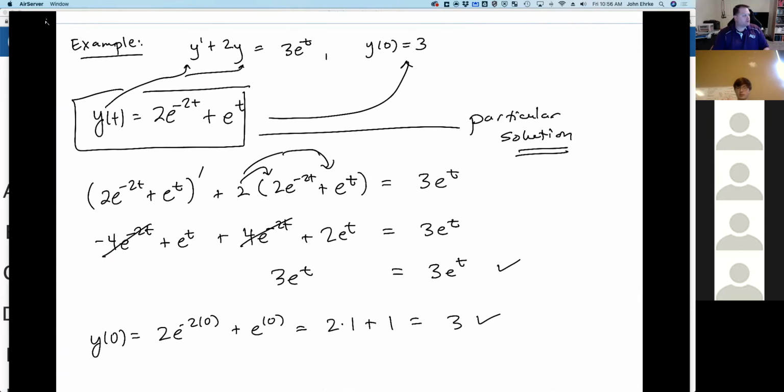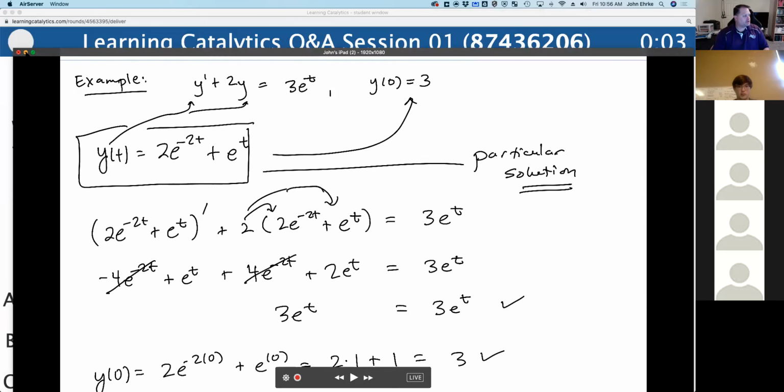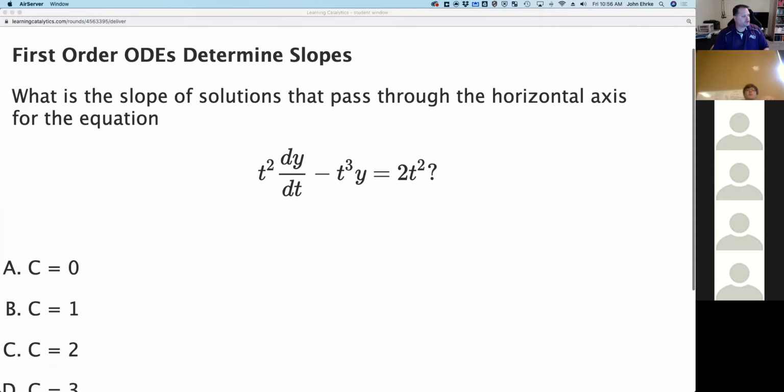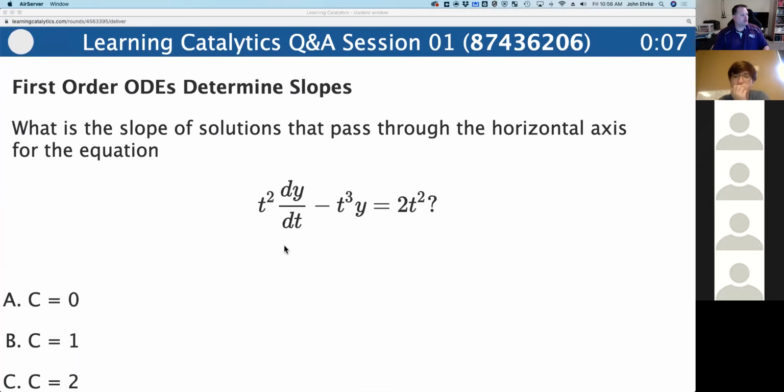So kind of an unrelated question, but just seeing if you're picking up on the structure of a differential equation here. I have a way more complicated differential equation than any we've looked at so far, but the good thing is I'm not asking you to solve it. All I'm asking you to do here is tell me what is the slope of solutions that pass through the horizontal axis.